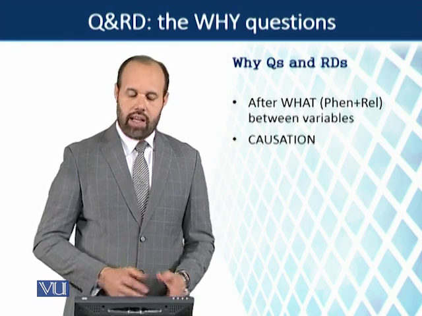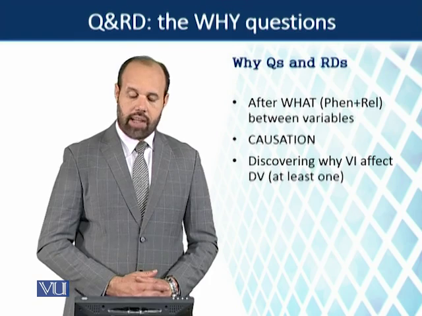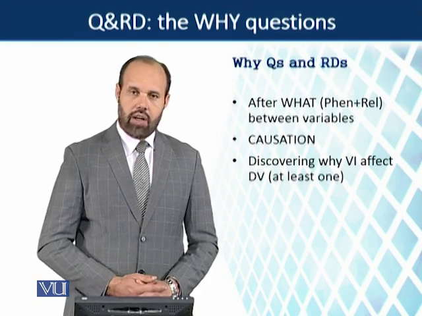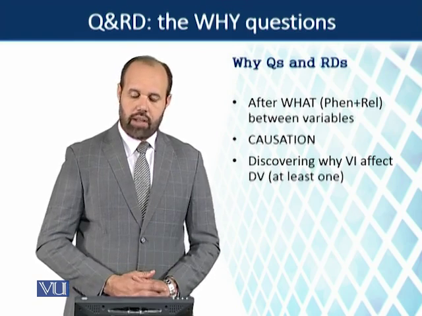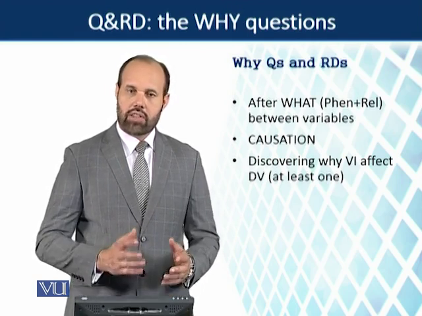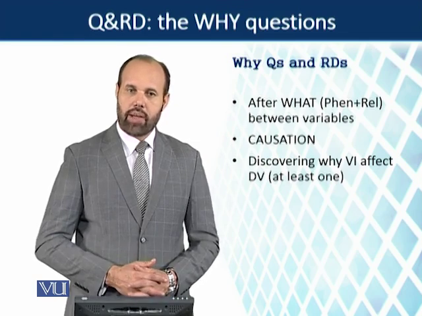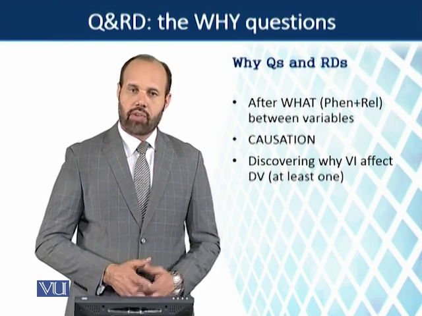And then we could also be discovering why an independent variable affects a dependent variable in a study, when at least one independent variable and one dependent variable are there.